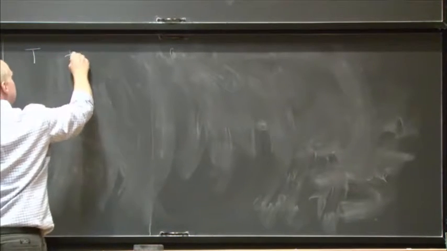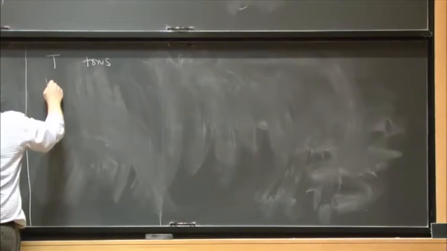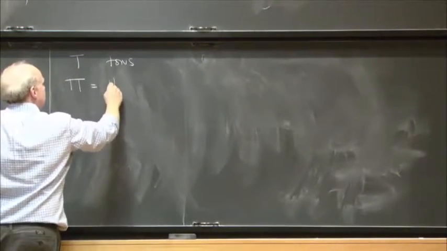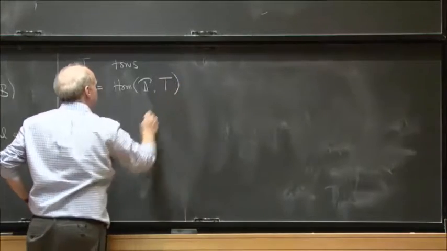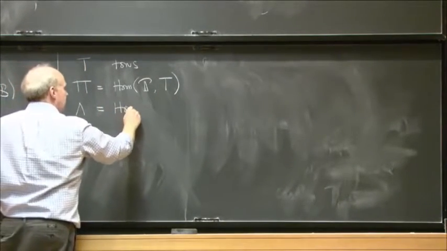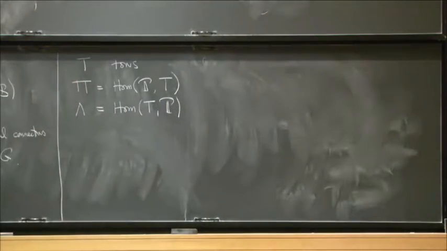So we'll let T be a torus, by which I mean a compact abelian, connected Lie group. And there are two lattices associated: Pi, which is the fundamental group, or better said, the closed one-parameter subgroups, and its dual lattice lambda, which are the unitary characters of the torus.